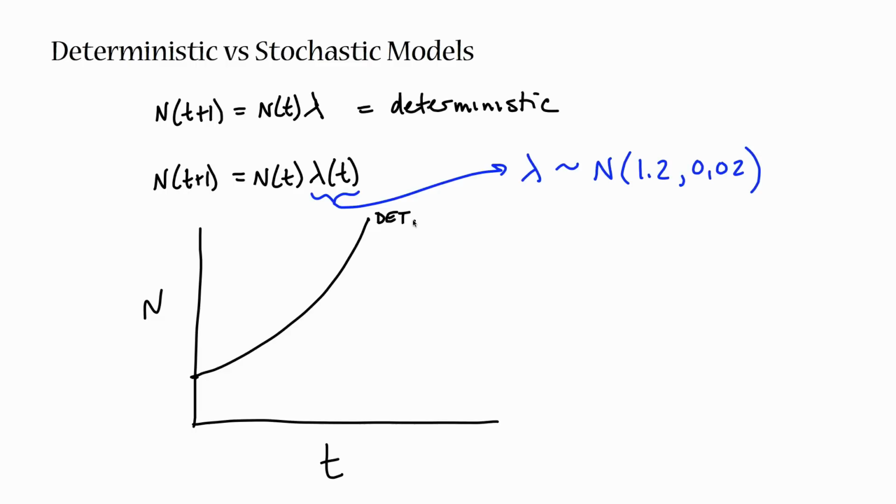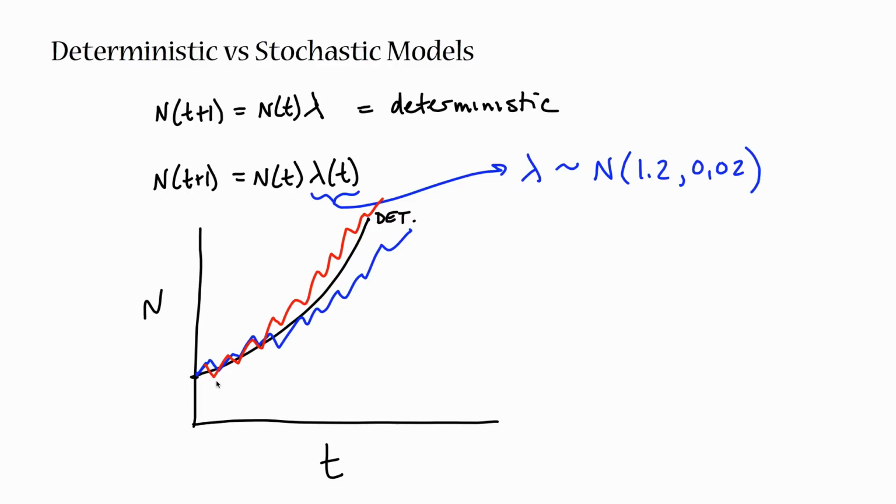If I use the stochastic model, every time step, my population is going to grow on average at a rate 1.2, but not always exactly 1.2. So sometimes it'll grow, sometimes it'll shrink, and you get a little bit of noise. And because I set the variance to not be very big, most of the time you'll get trajectories that are pretty close to the deterministic case.